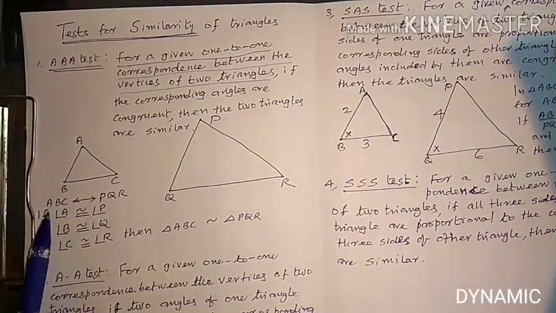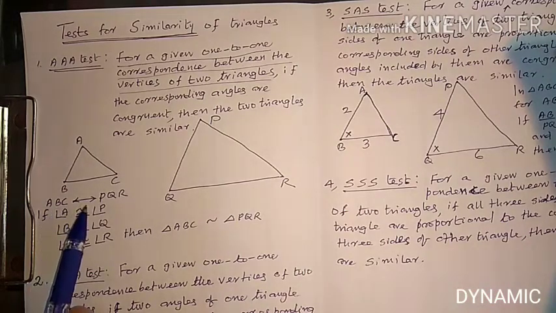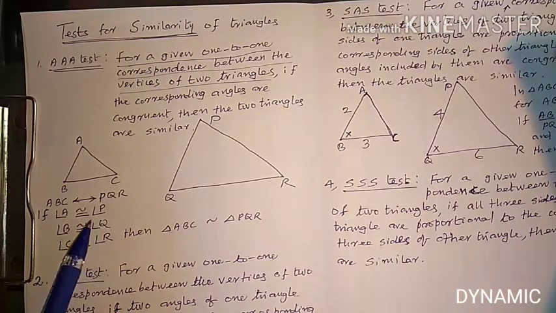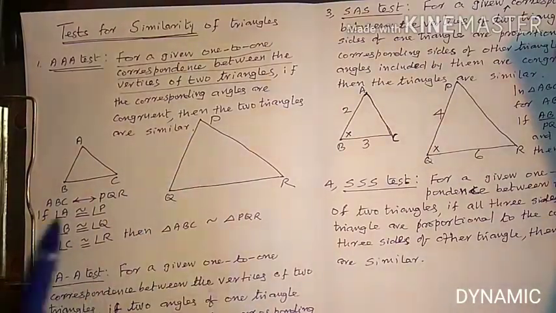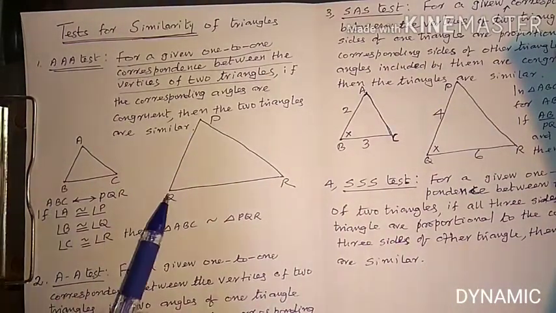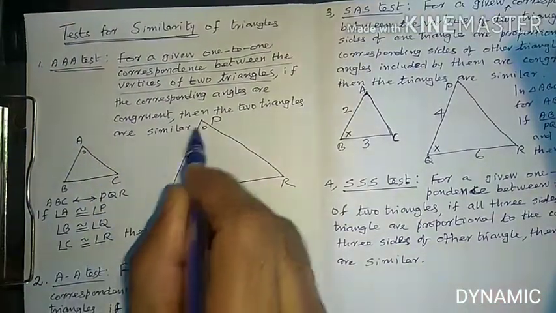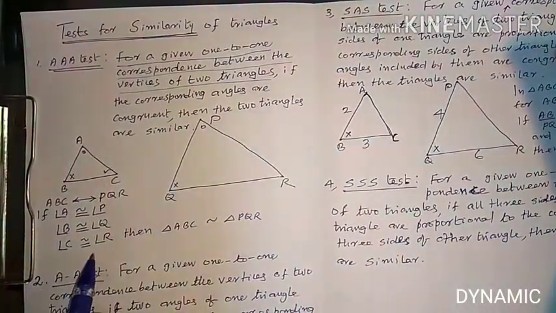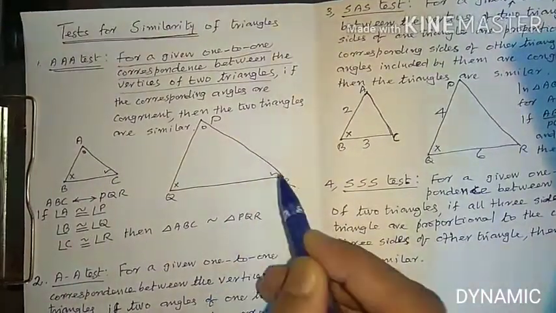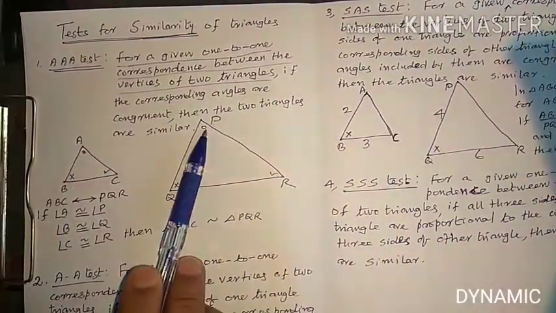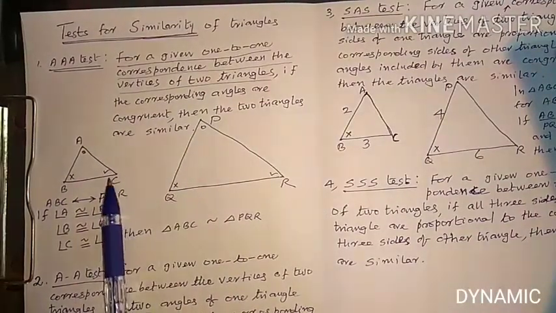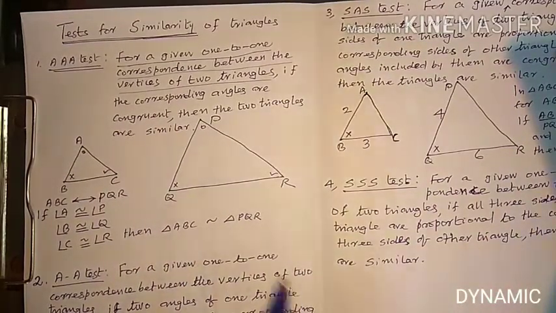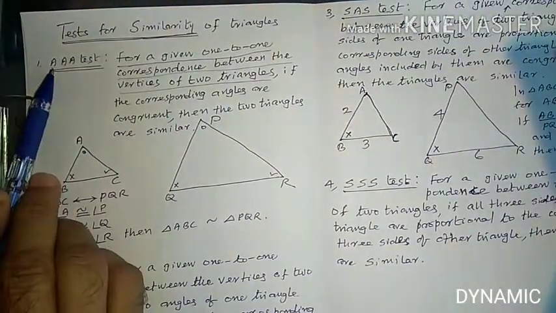If angle A congruent to angle P, angle B congruent to angle Q, angle C congruent to angle R, then the triangle ABC is similar to triangle PQR by triple A test, AAA test.